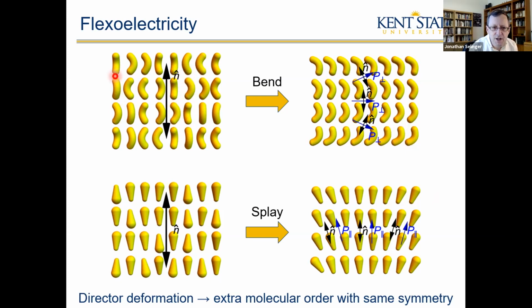If you start with a uniaxial nematic phase and you apply a bend, you induce a little bit of polarization perpendicular to the director, so it has the same symmetry as the bend. Likewise, if you apply some splay, you induce a little bit of polarization parallel to the director, the same symmetry as the splay. This is well known for flexoelectricity.